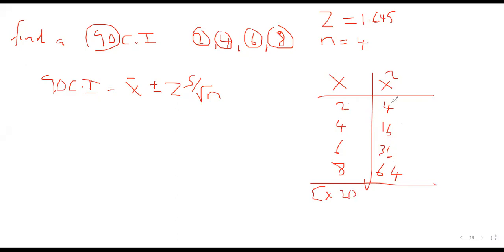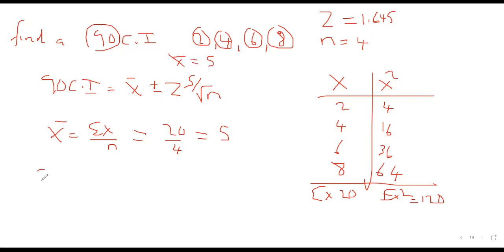And summation of x squared is 120. Who remembers how you find the mean for ungrouped data? Mean is summation of x over n. Our n is 4. So 20 over 4 is 5. So we found at least the mean is 5.